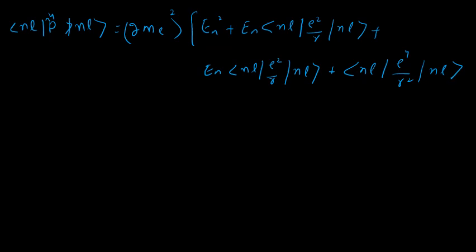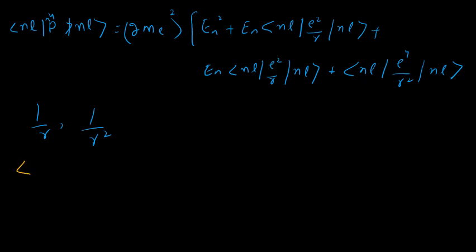So, the values of 1 over r and 1 over r squared have already been calculated in our lecture on spin orbit interaction part 2, so you can go to that video to check them. Here I will write the calculated values from that lecture.